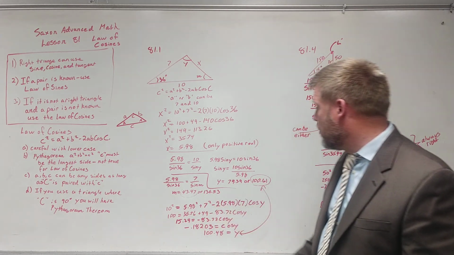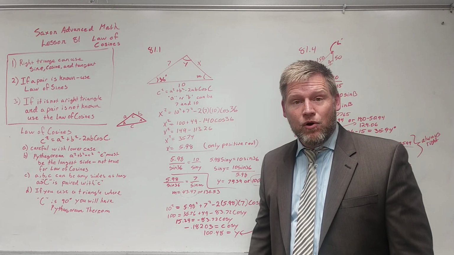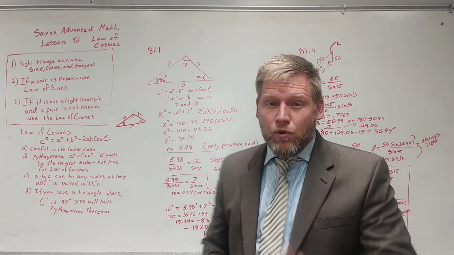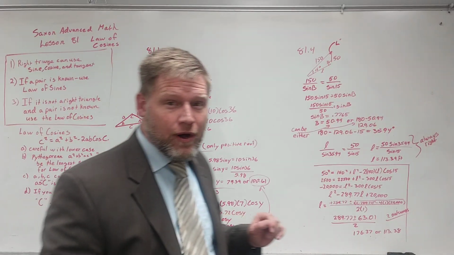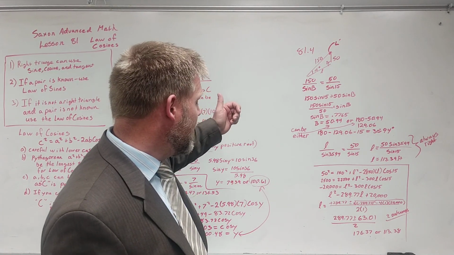If all three sides are known like this, it's going to give me the only angle that works. Now, there is an ambiguous way of looking at this, and we'll go back to that in just a minute after 81.4, because I did go ahead and work it out and show you why there's an ambiguous version. But not of this one.